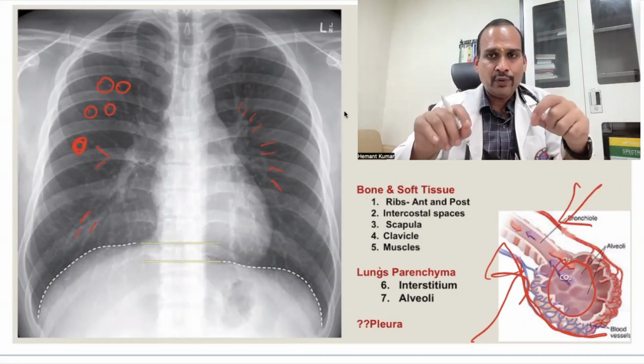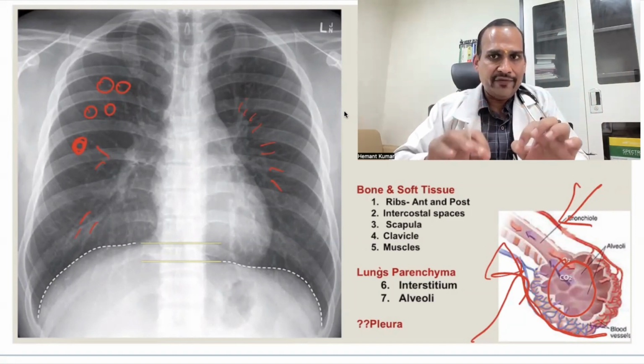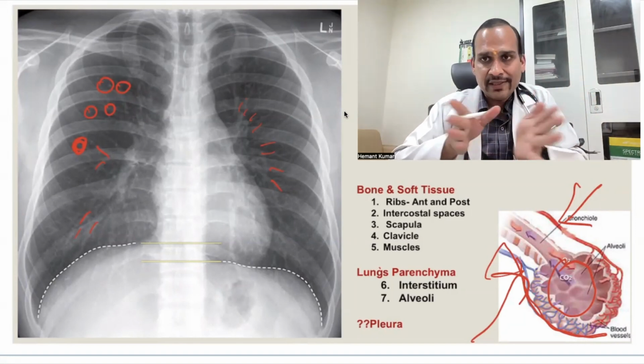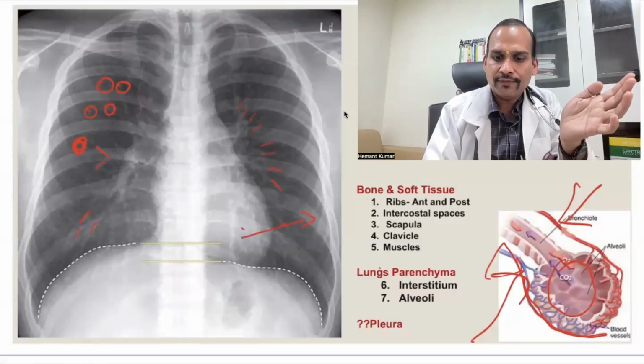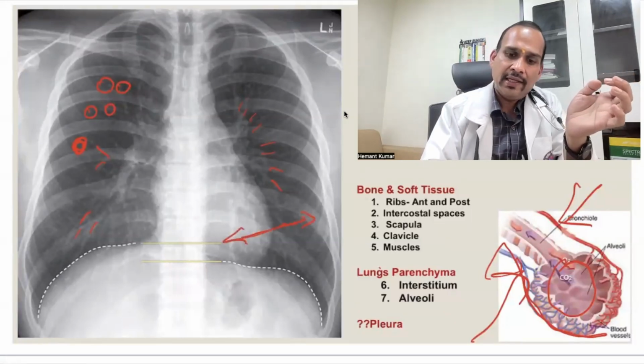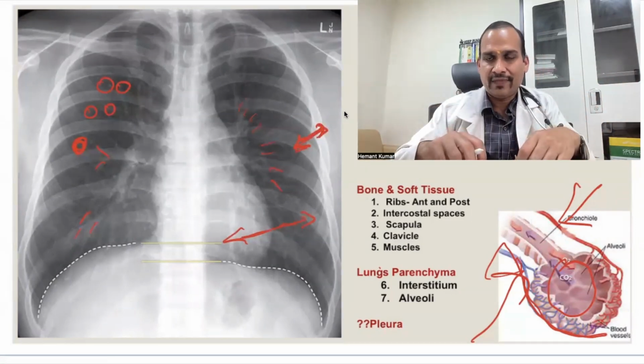One more thing you have to remember: if there is a normal X-ray and normal individual, the blood vessels we can see up to 2/3 of the thorax. In the lateral 1/3, we should not visualize blood vessels or interstitium.